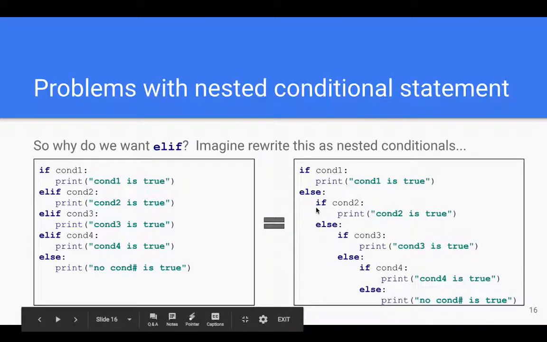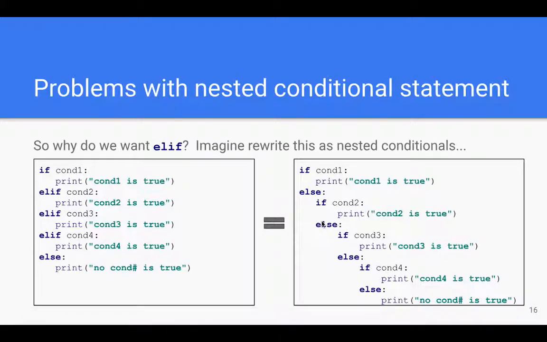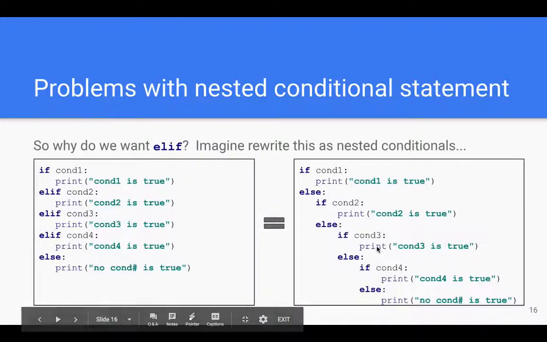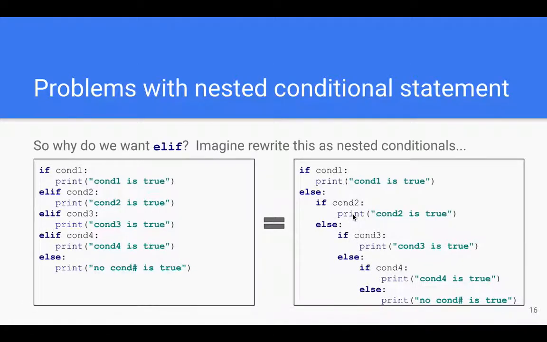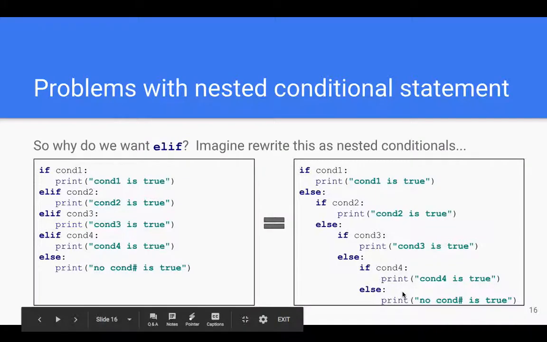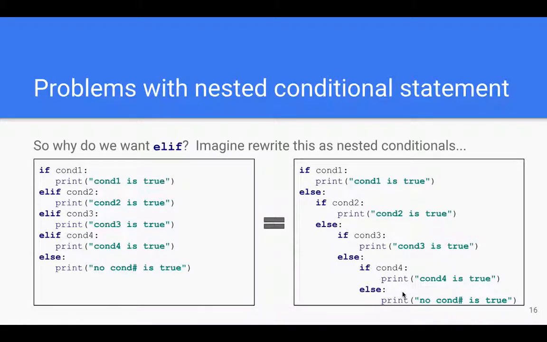First, the indentation level keeps increasing, right? We keep pushing the body for each of the conditions increasingly to the right. And at some point, if you have a lot of else if, you're probably going to run out of space to even indent your code.